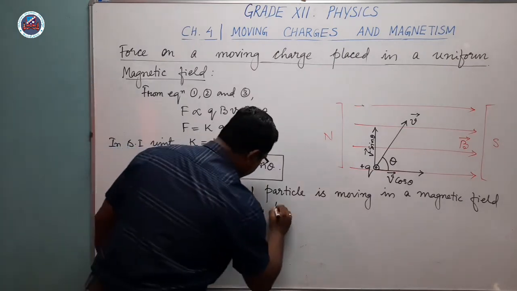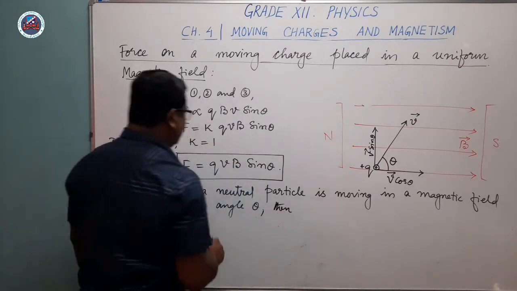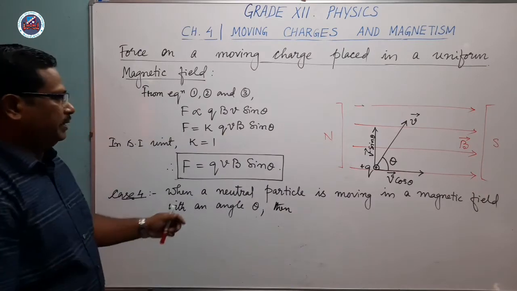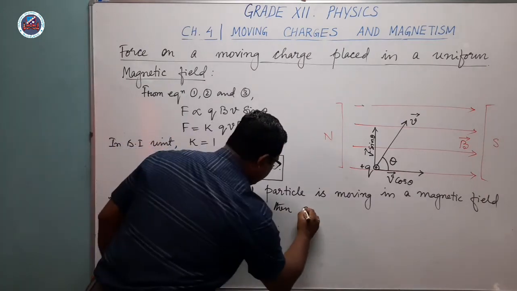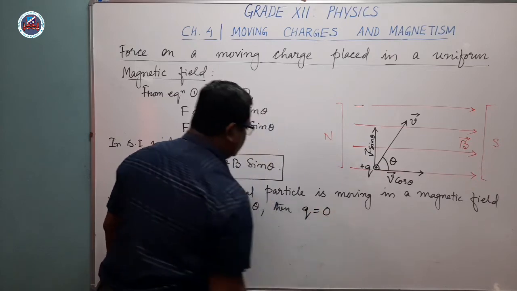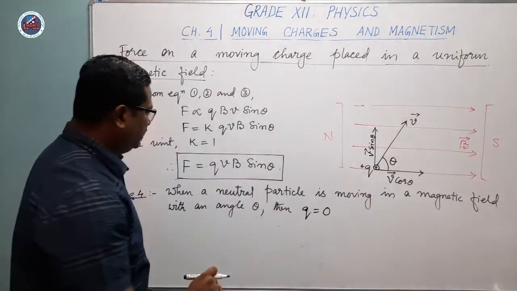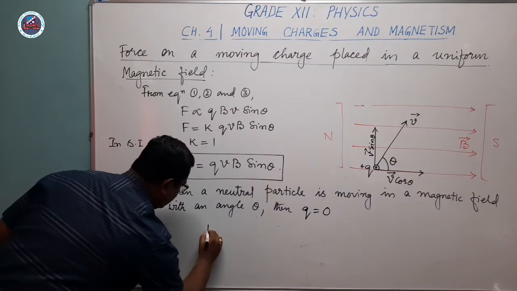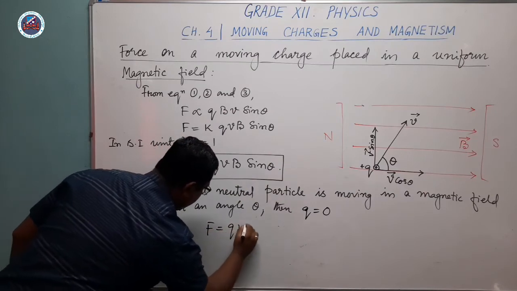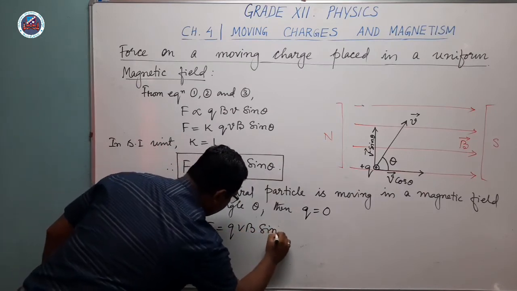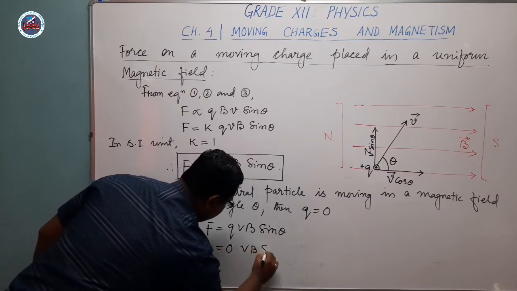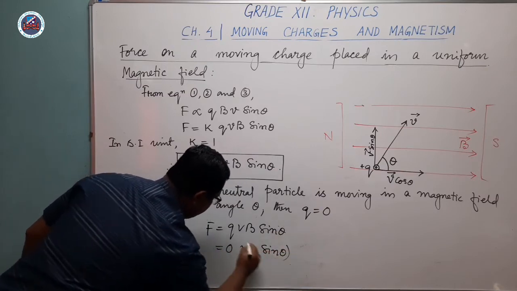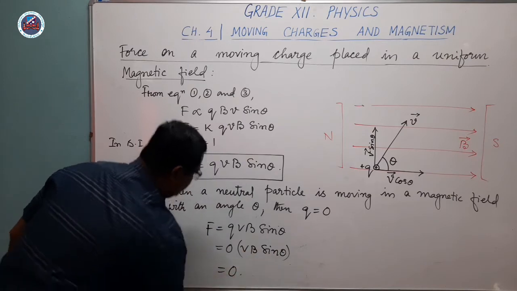Let us see. Then in that case, a neutral particle is not charged, so the charge will be 0. Then Q is equal to 0. It is not a charged particle. Then the force experienced will be Q V B sin theta. This Q is 0, so V B sin theta, everything will turn out to be 0.